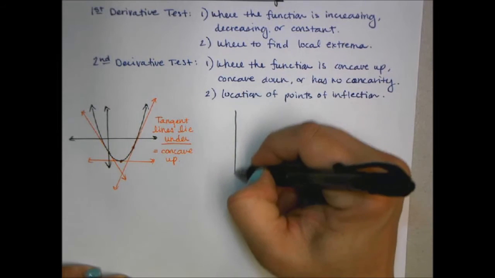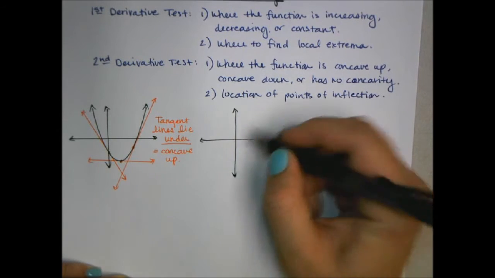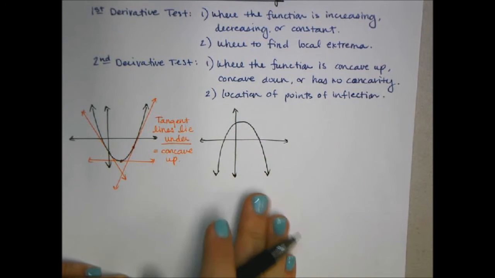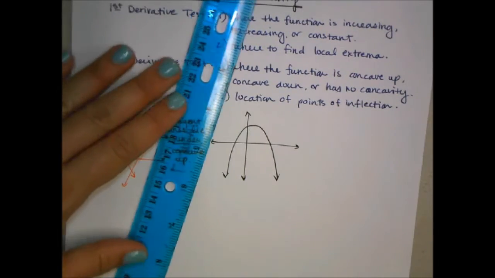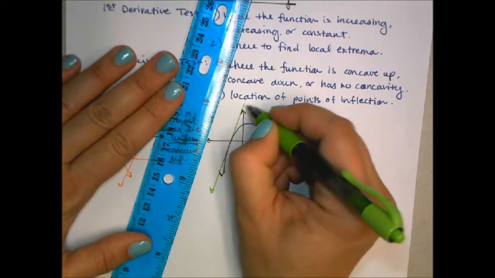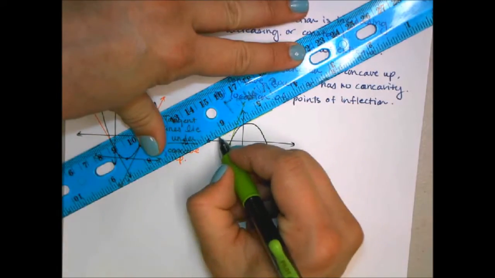Of course, another scenario is my downward-facing parabola. So our function here is concave down. We can do the same thing and draw some tangent lines along this curve, at any point. And what we'll notice is that every tangent line we draw along this curve should lie above it.